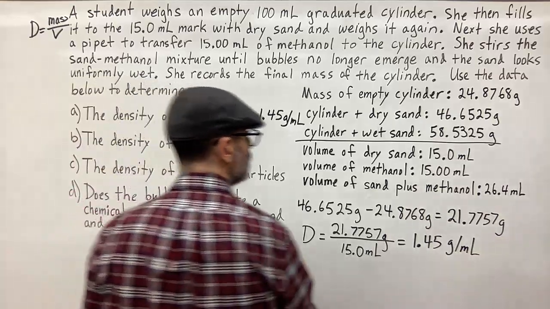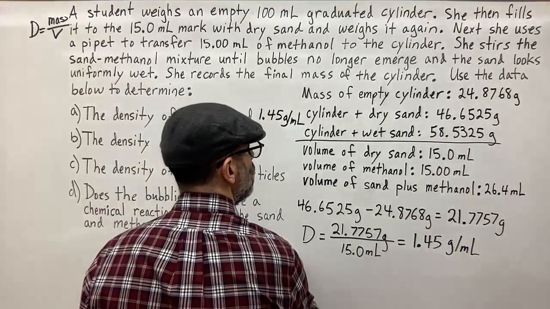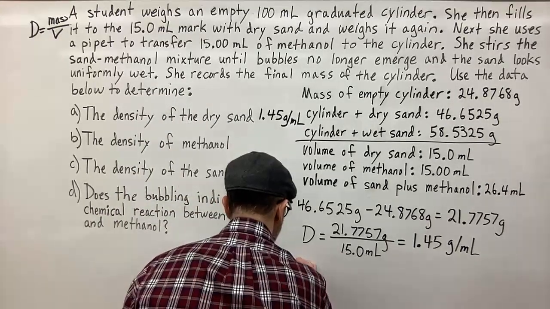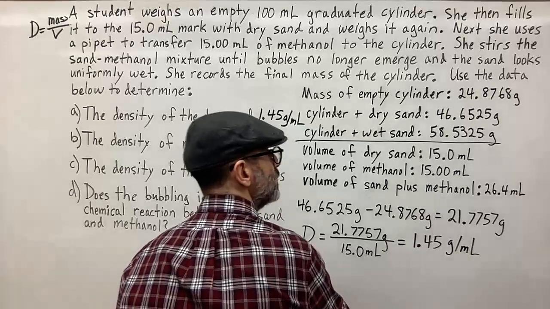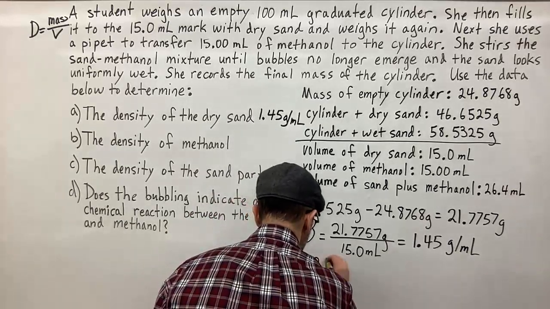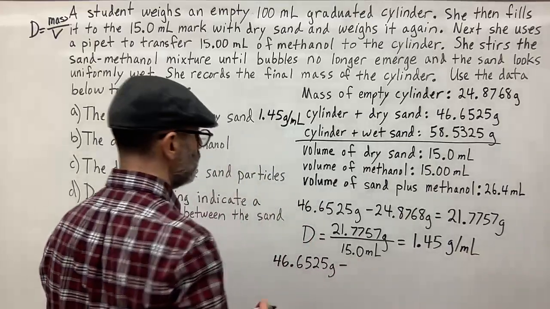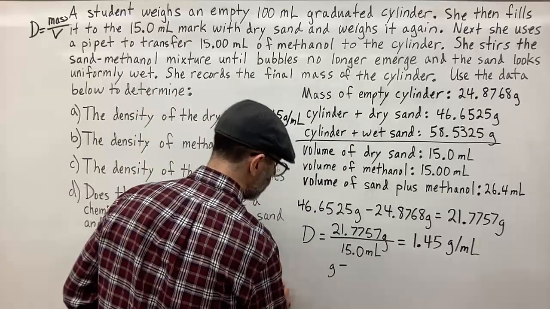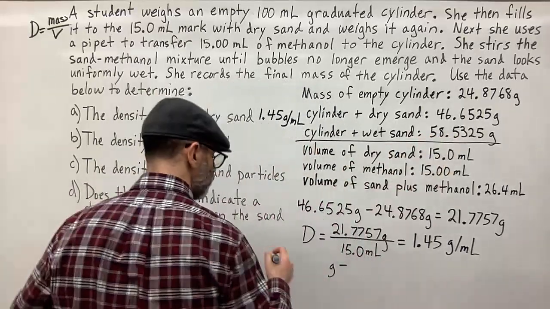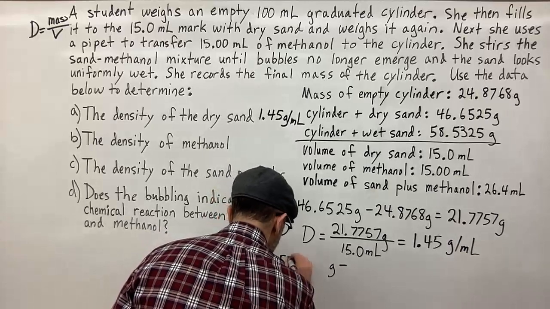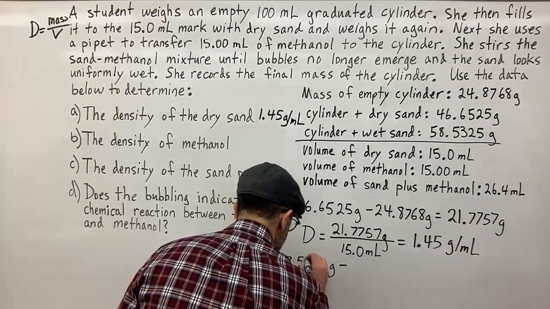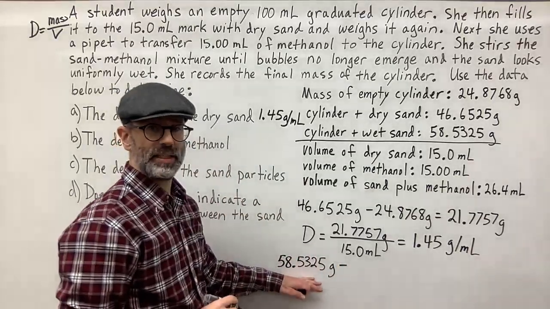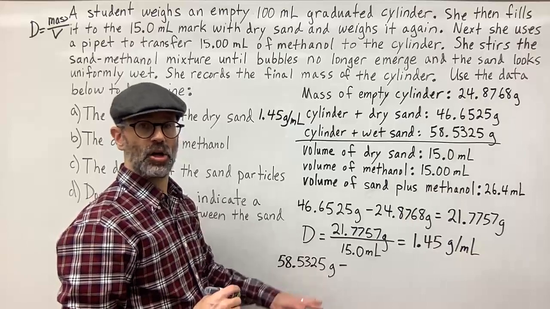And when we do that, let's do that. Go ahead. So we have 46.6525 grams. I'm sorry, I'm doing it the wrong way. I want the 58.5325 grams. That's with everything together, your cylinder, your methanol, your sand.